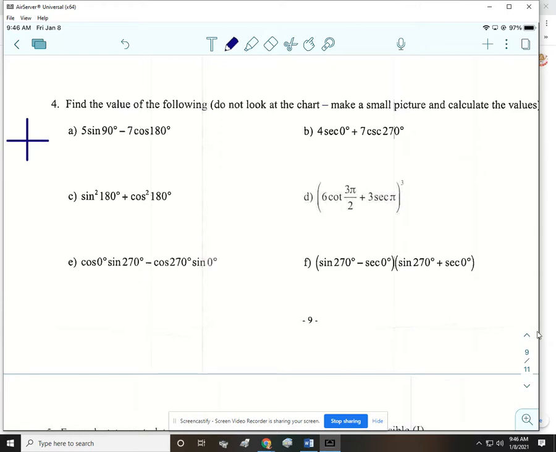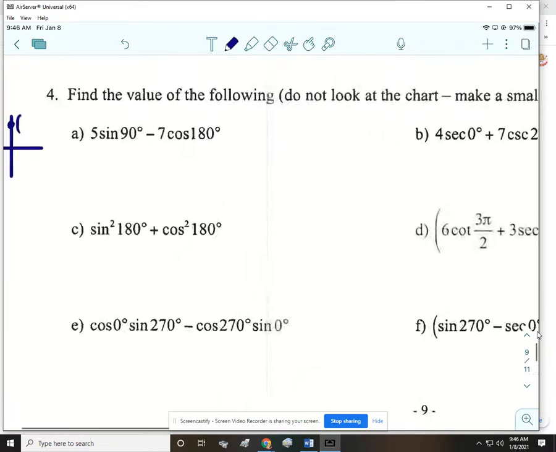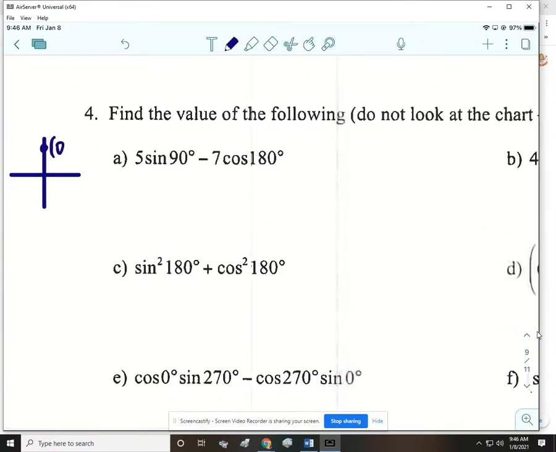So for 90 degrees, we're going to use the point 0, 1. And for 180 degrees, we're going to use the point -1, 0.